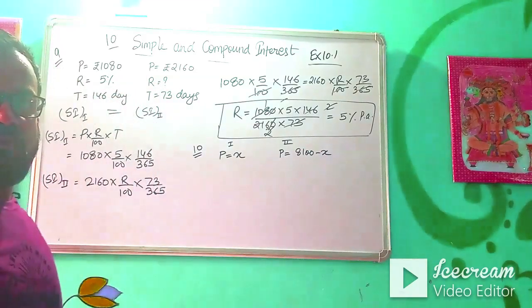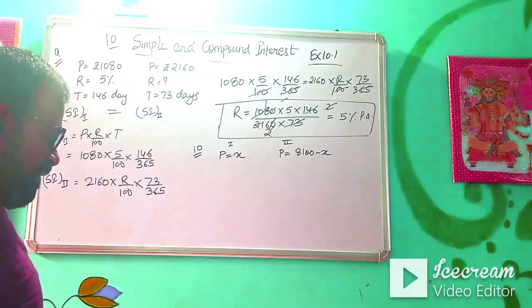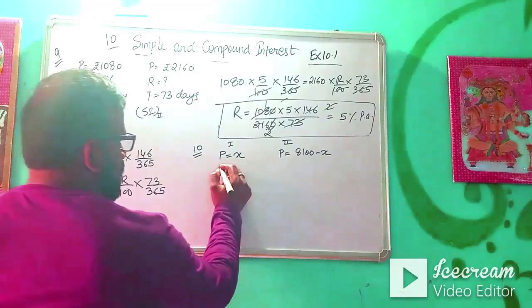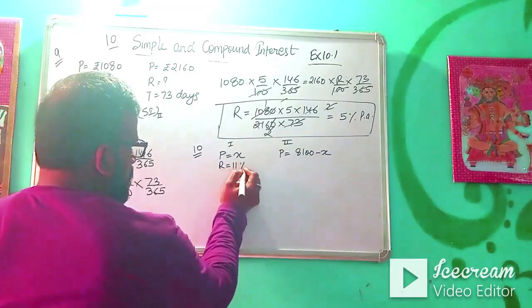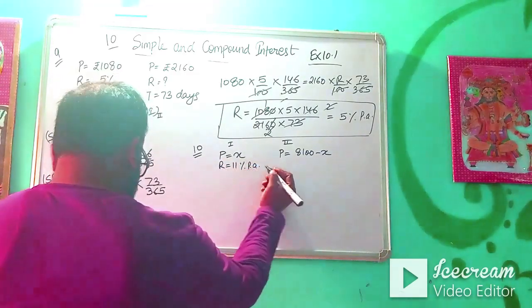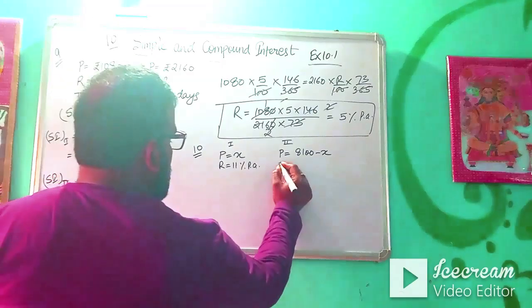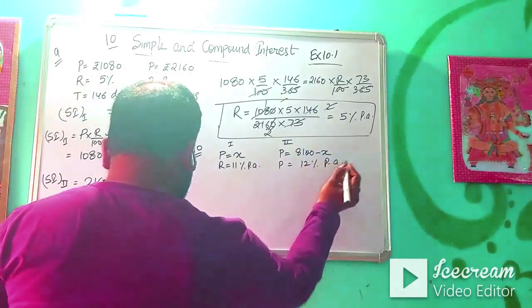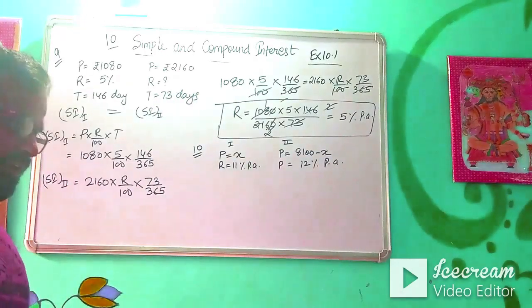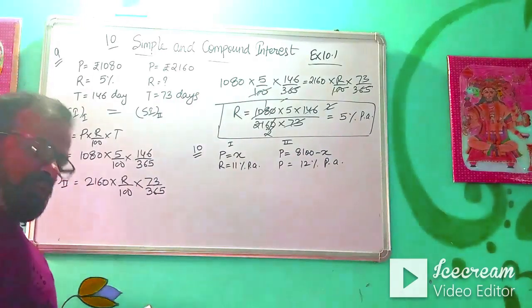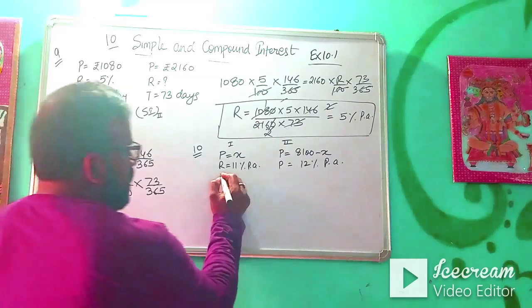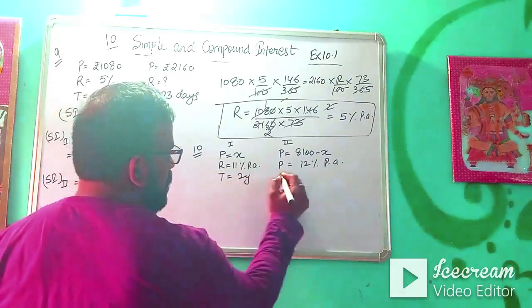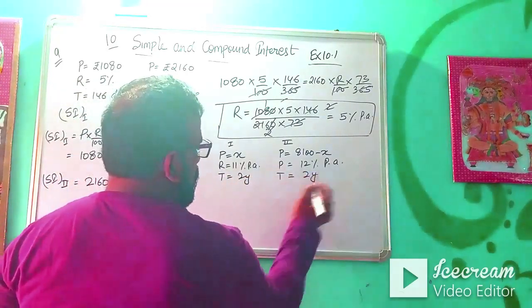Since the total money was 8100, this is invested at 11% per annum, and let this be invested at 12% per annum. The total interest he gets after 2 years, that means time is 2 years here and time is also 2 years here.